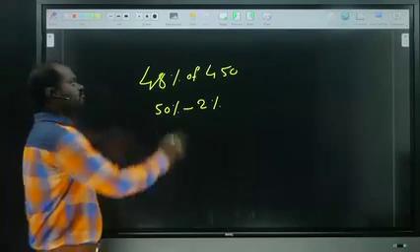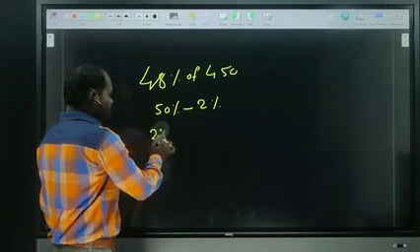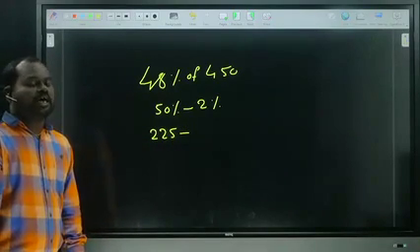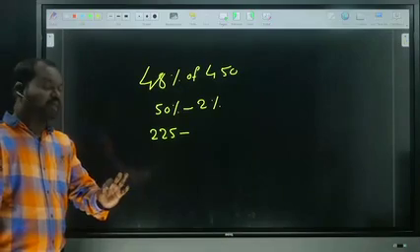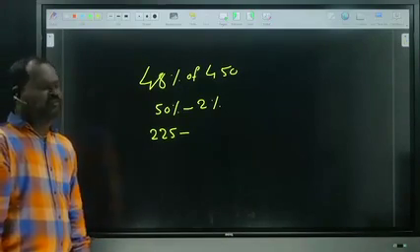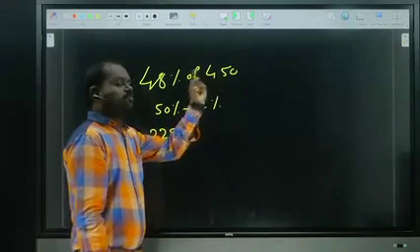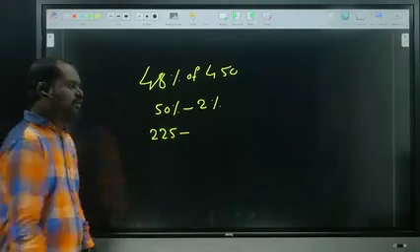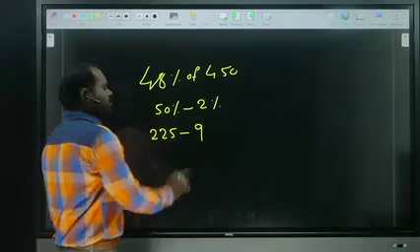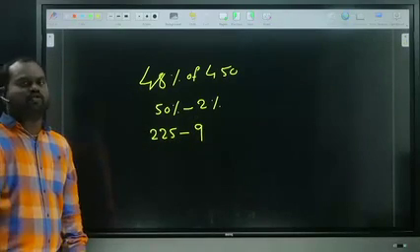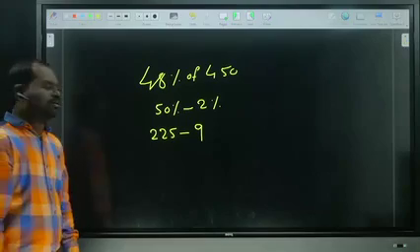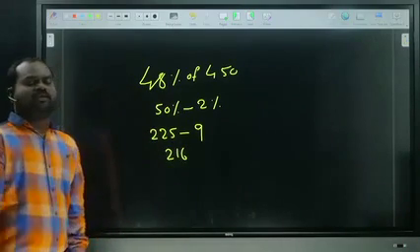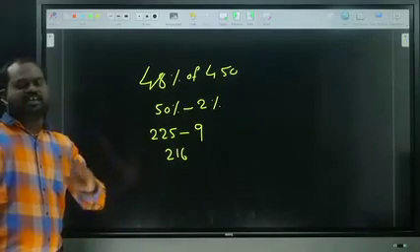Half of 450 is 225, minus 2%. Just now I showed how to take 1%: put the point before the last two digits. So 1% means 4.5, and 2% means 4.5 plus 4.5, which is 9. So subtract 225 minus 9, which is 216. That is how to take 48%: 50% minus 2%.